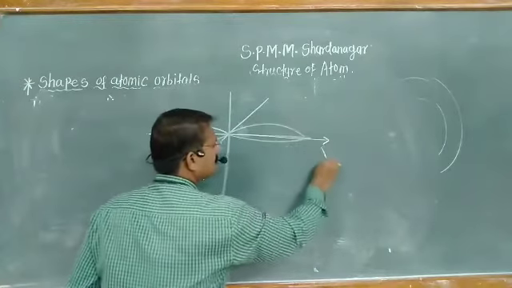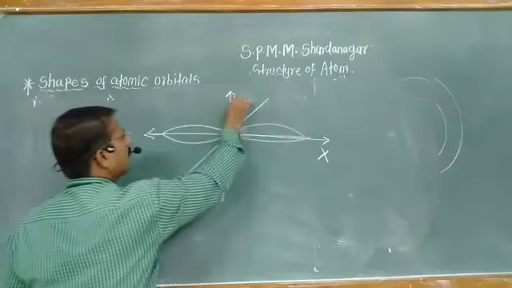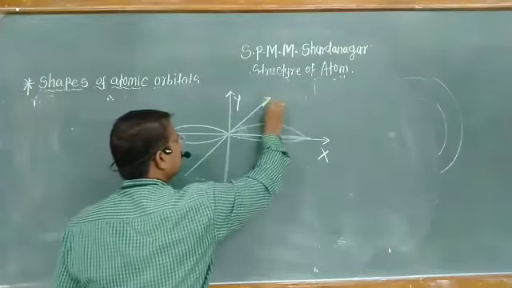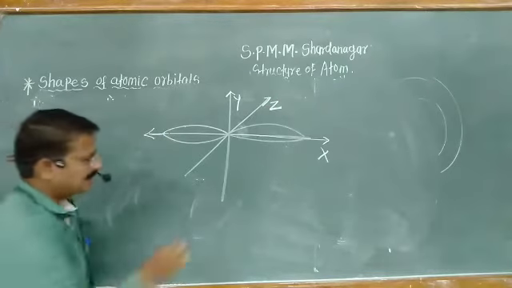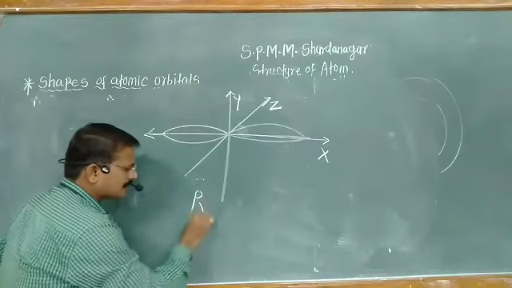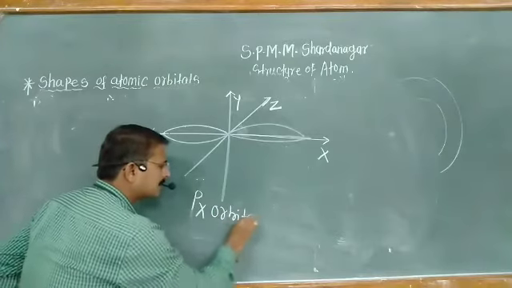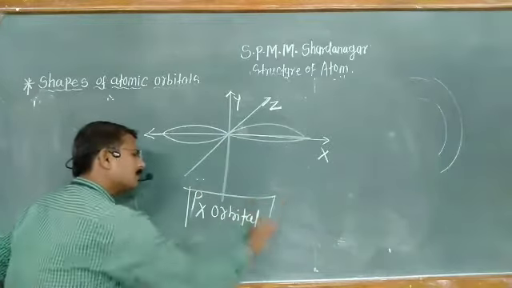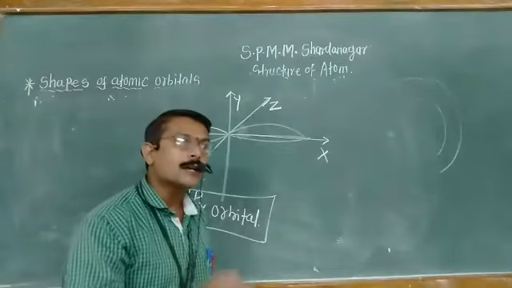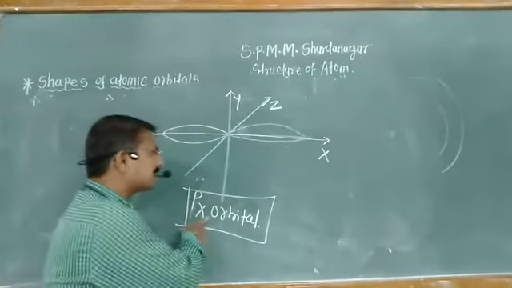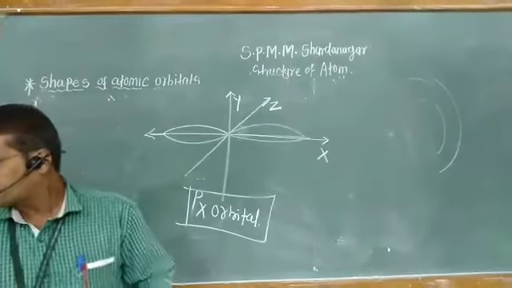This is the x-axis, this is the y-axis, and this is the z-axis. This diagram is collectively called a px orbital, meaning the p orbital along the x-axis.